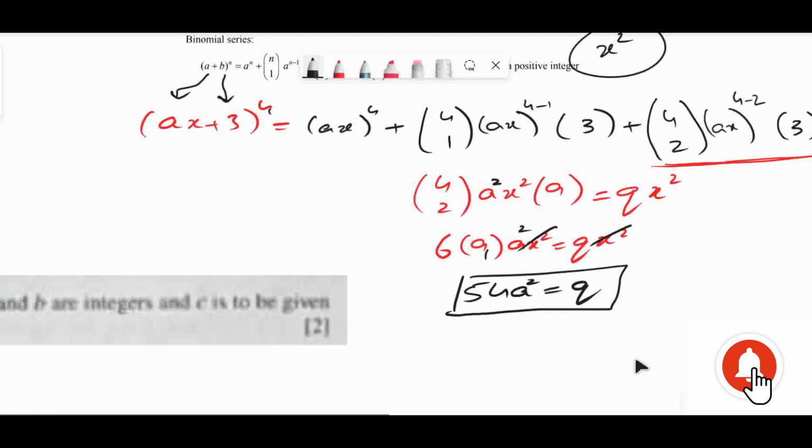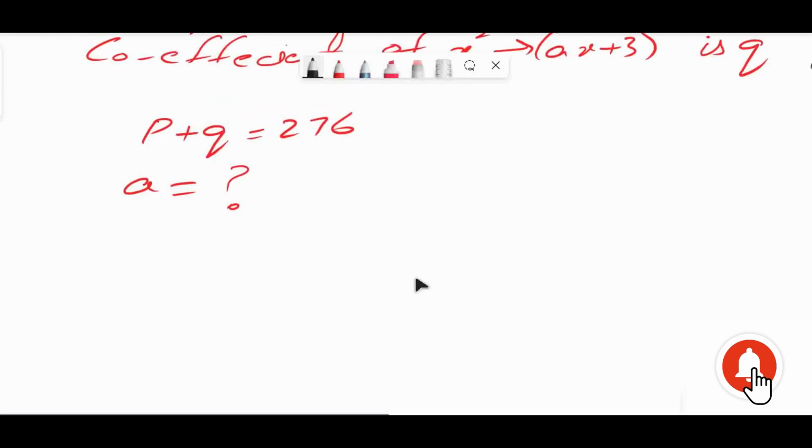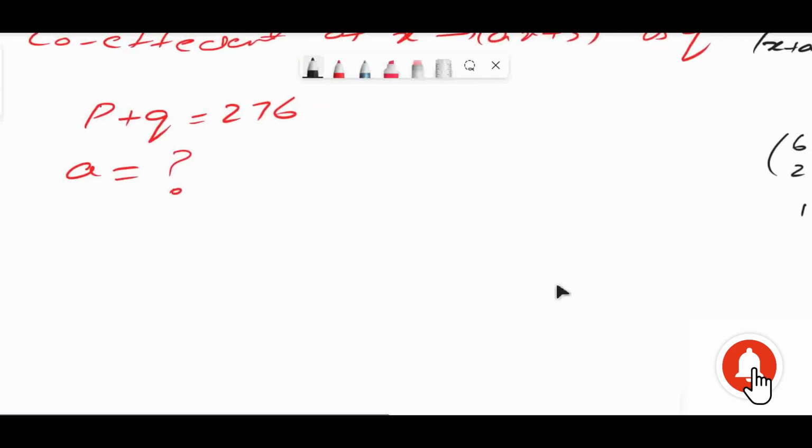Now let's use these equations, the values of p and q. The statement is p plus q equals 276.